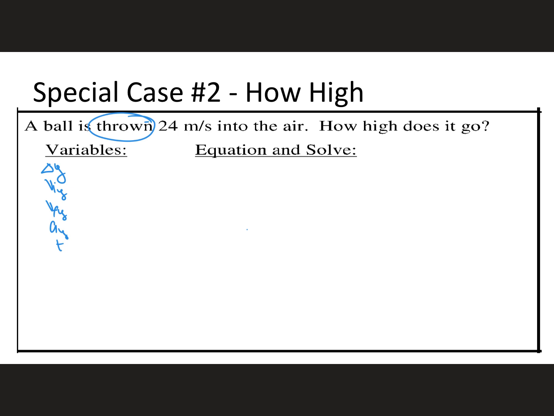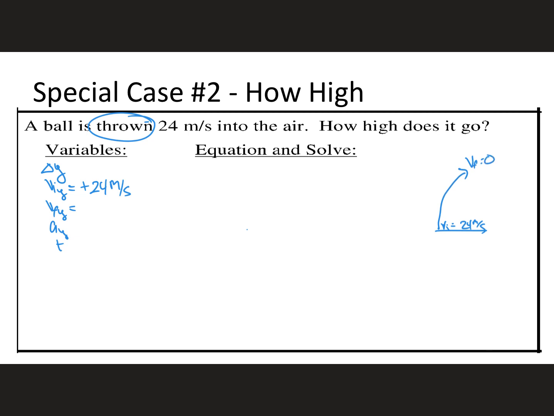And it's thrown 24 meters per second into the air, so it's going up. That tells us it's positive. It's the beginning of the story, so it's our initial velocity. How high does it go? That tells us the final velocity is what we're looking at. That's what it's looking for. This is our initial velocity. This is our final velocity.